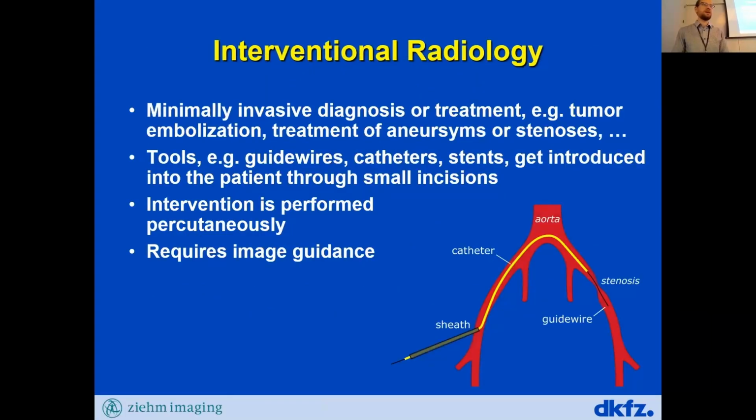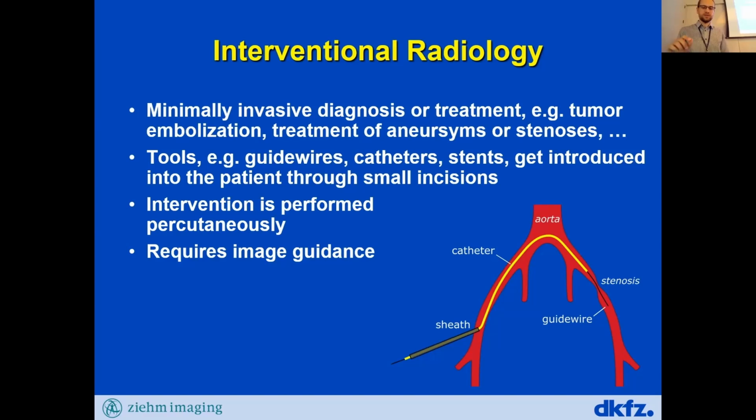So on this first slide, I want to talk about what stents and guidewires are and why imaging them is useful. Stents and guidewires are used in the minimally invasive procedures that are performed in interventional radiology. Examples include the embolization of tumors or the treatment of aneurysms or stenoses. An illustration of such an example is shown on the bottom right in this figure.